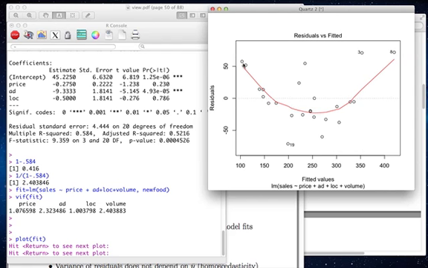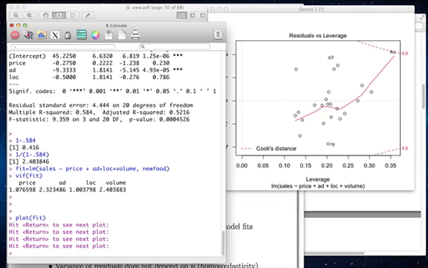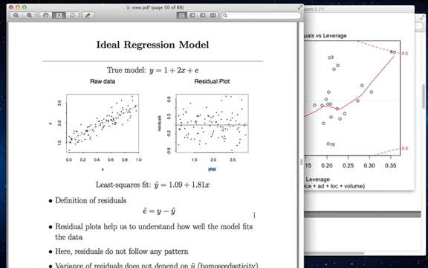You'll see that the residuals are systematically high on that end, systematically high on the other end, and systematically low in the middle. So what that means is that we could probably improve this model further by adding some transformations. You get a couple other plots as well when you do that plot fit.